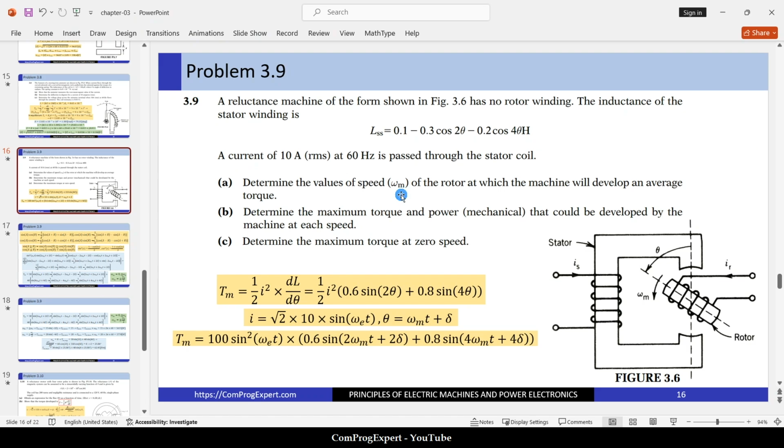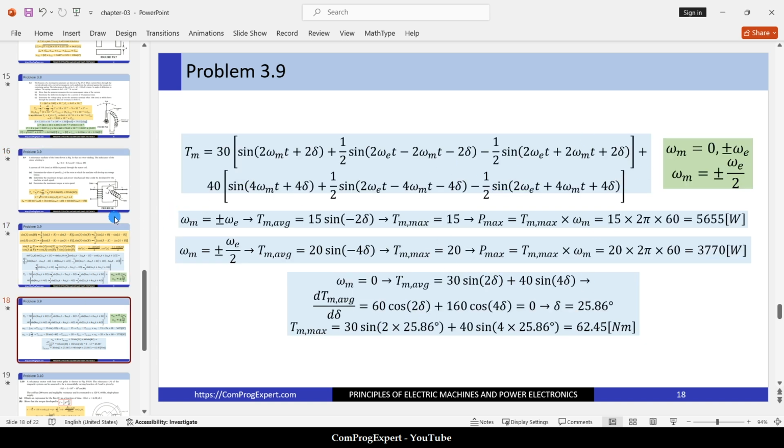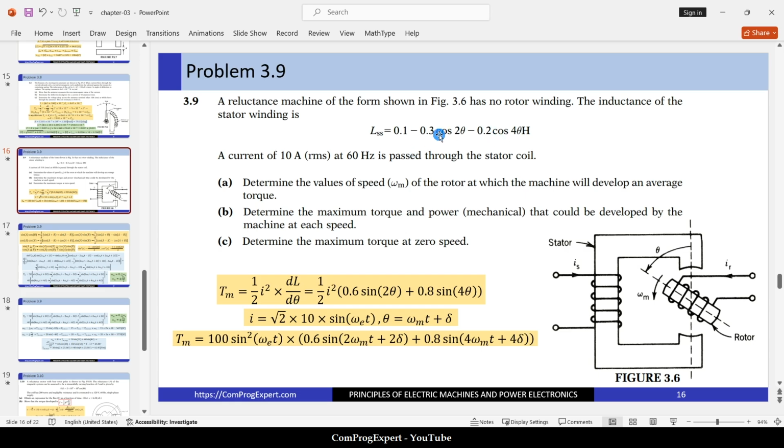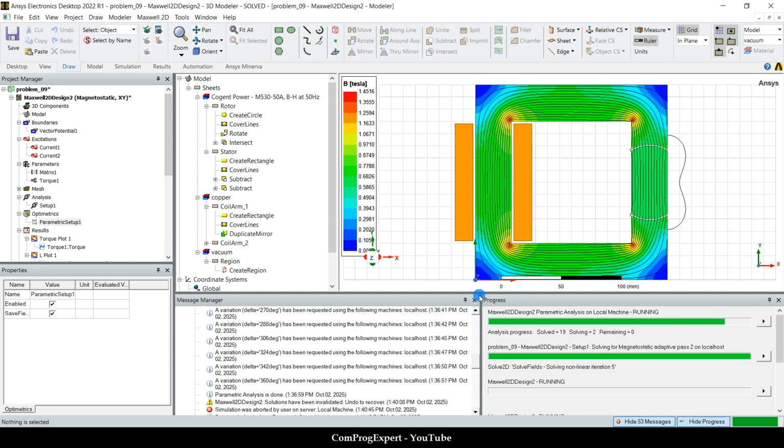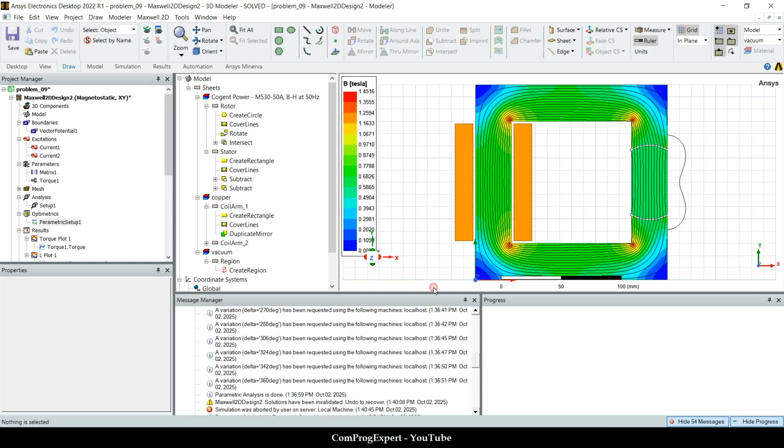In this problem, the variation in the value of the self-inductance is approximated using this equation, and we did these calculations considering this function. So in ANSYS Maxwell, let's check what is the waveform of the variation of the inductance for this coil when we have this moving object.